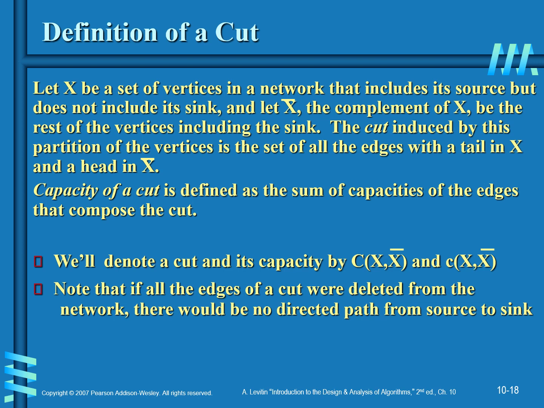If all the edges of a cut were deleted from the network, there would be no directed path from source to sink. So you have to find such edges, so that if you remove all those edges, you could not reach from source to sink. Those kinds of edges we will call a cut.